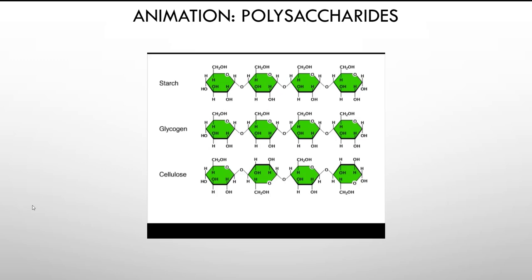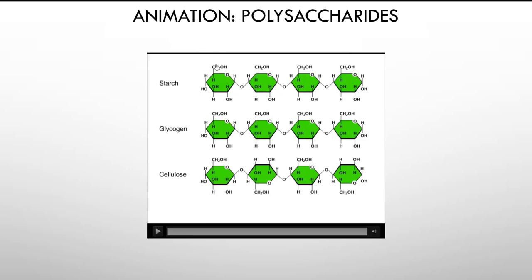Okay, so that was short and brief and to the point. You can see here we have our three main polysaccharides: starch, glycogen, and cellulose. They look very similar because they're made of the same monomer, glucose, and you can see some slight differences. For example, look at starch compared to cellulose.